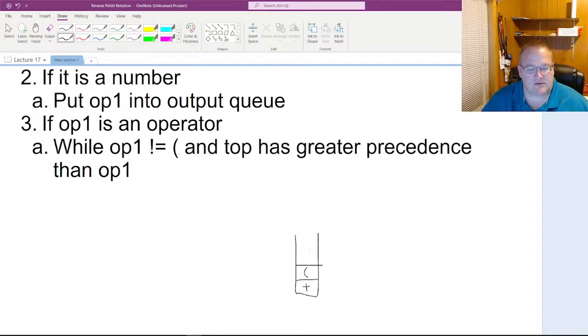In this case, if I read in a plus symbol, let's say op1, the thing I read in, is equal to this plus symbol. So another plus symbol just came in. It's going to look down here and say, hey, wait a second. I'm going to skip this step because that's sitting there. Also, I'm going to change this out.